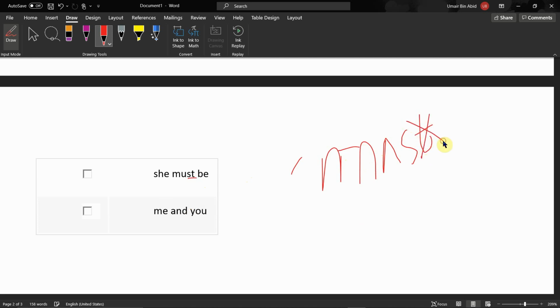The t will be elided. So she mus be. And another very common phrase: me and you. Instead of saying me and you, they say me an you. So the d is elided. Once again, this is a consonant cluster, two consonants coming together. So these two are instances where we have elision.